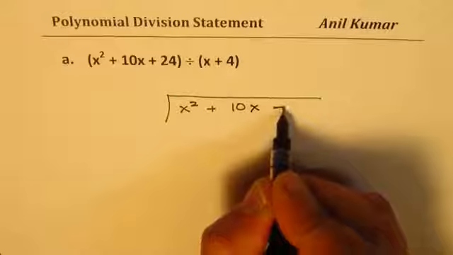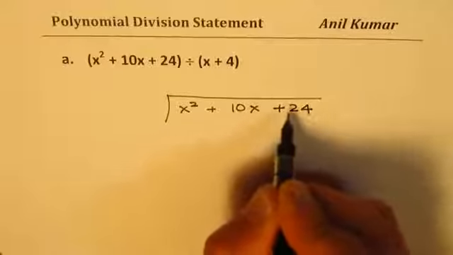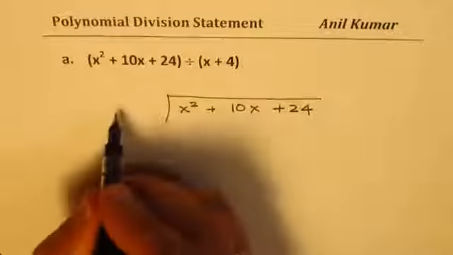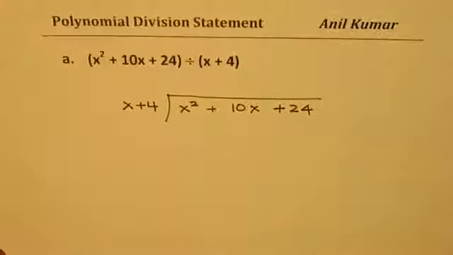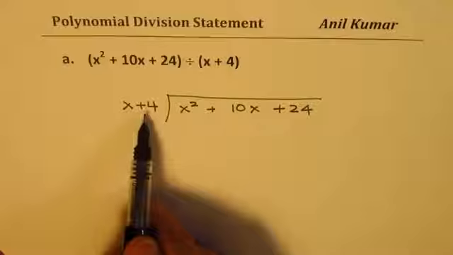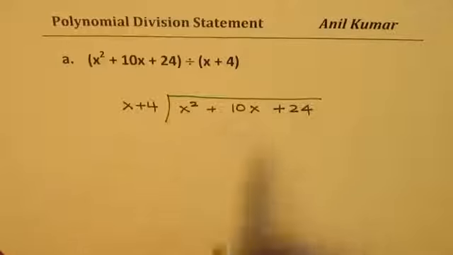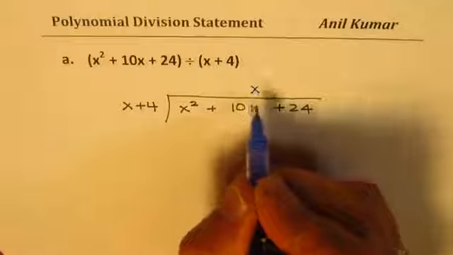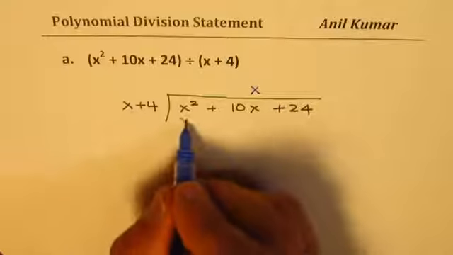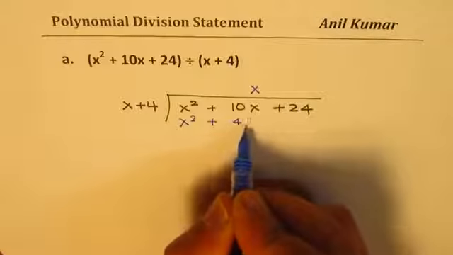That is very important. And then we have a divisor here, x plus 4. To divide, since we have two terms, we will engage two terms, right? So x squared plus 10x, we have to ensure that x squared goes fully. So we have to multiply by x. x times x is x squared, x times 4 is 4x.